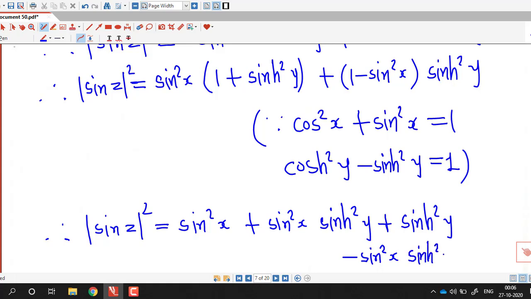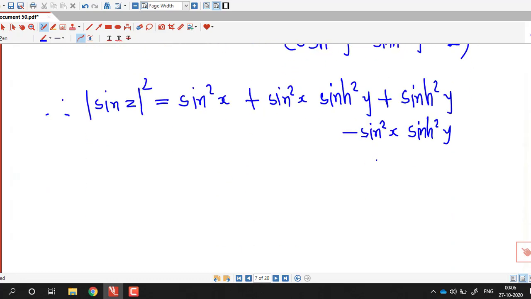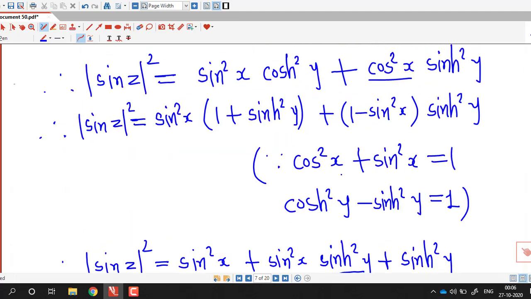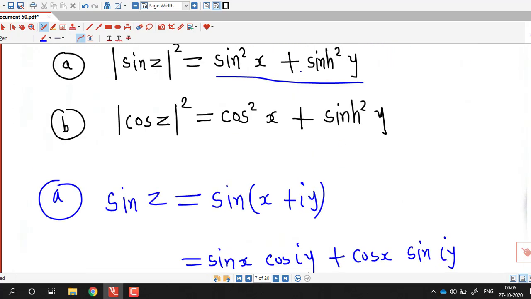So you can see these two terms will cancel each other: sin square x sin hyperbolic square y minus sin square x sin hyperbolic square y. So what we obtained is absolute value of sin z square is nothing but sin square x plus sin hyperbolic square y. Similarly, you can prove the second identity, which I am not doing here.